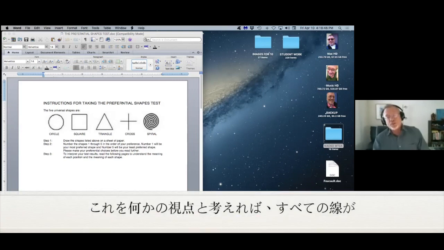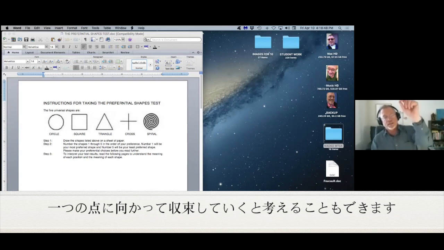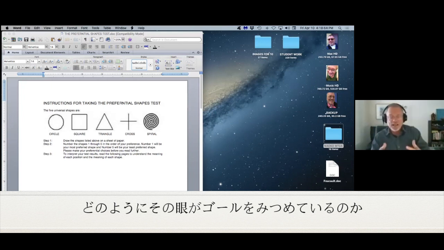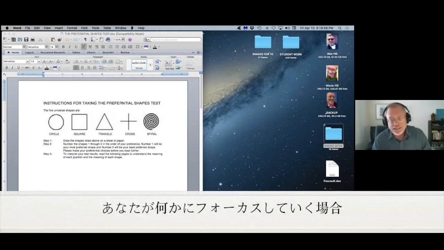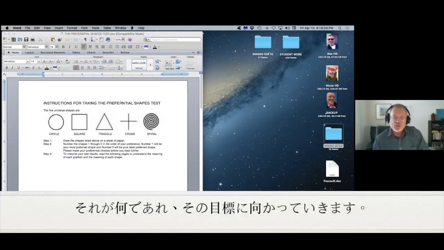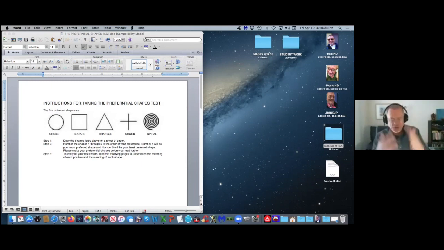If you do one point perspective, you have this triangle with a dot at the end, and then all the lines go to the dot at the end. And so you have this idea of focus and how your gaze can be motivated very strongly by the triangle. So the triangle is about the quest, the search for whatever you need to be searching for. It's what you set as a goal for yourself, and then you're searching for that.